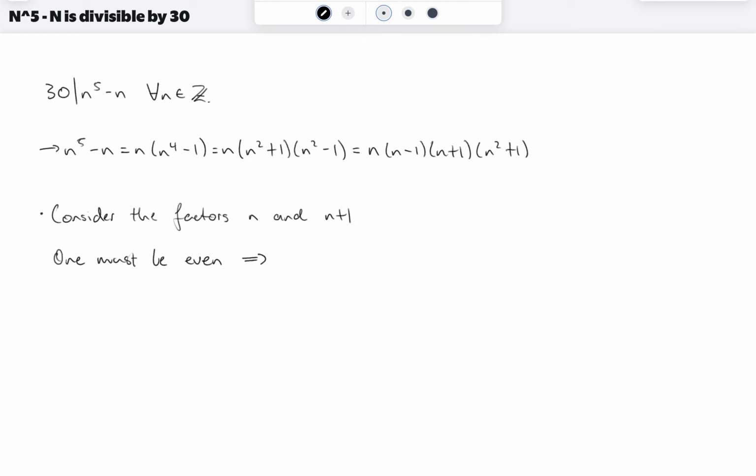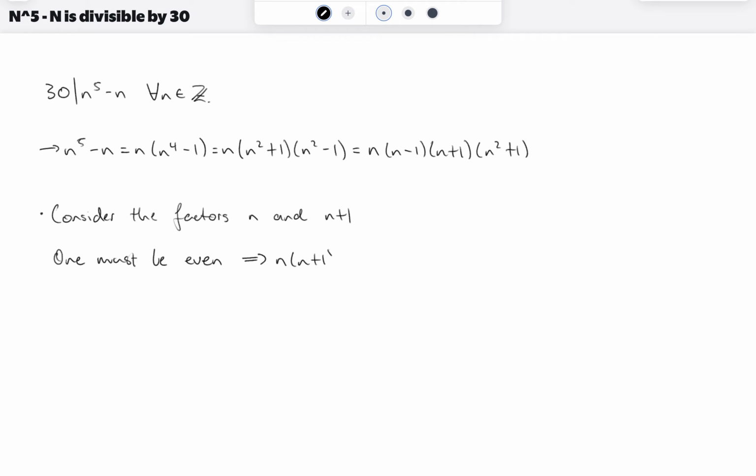So this implies, if something is even, it means it's divisible by 2, right? So if one of them is divisible by 2, then the product n times n plus 1 must be divisible by 2 as well. So we could just jump straight into that step.